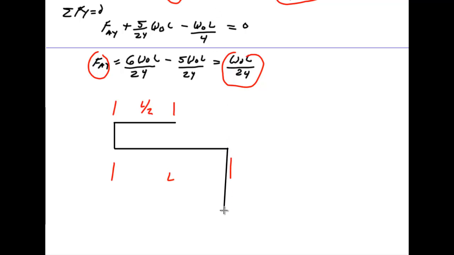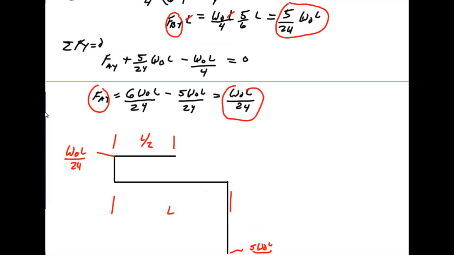And again, we're going to come down a ways, because when we did this one, we said that this was W naught L over 24, and we know this value here has to go back up, of 5 W naught L over 24. So technically you would want this line here to be 5 times the length of this line here. All right, now to get where this is going to cross, you can kind of do a random slope.